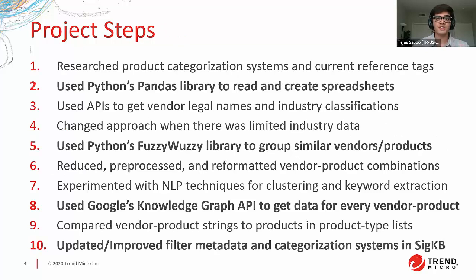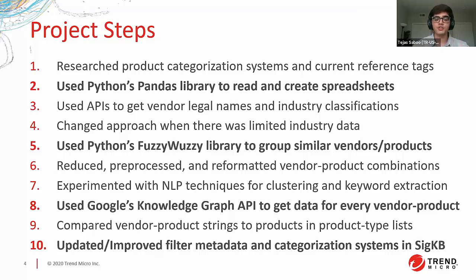I won't dive deeply into all of my steps, but I'll highlight some of the most important ones. I used Python's pandas library basically every single day in my internship, to read and create spreadsheets as well as manipulate data frames. Since I was dealing with 20,000 data points of filters, it was very important to reduce this and make it a manageable workload.